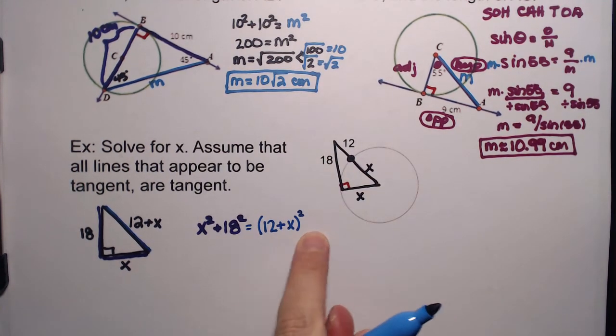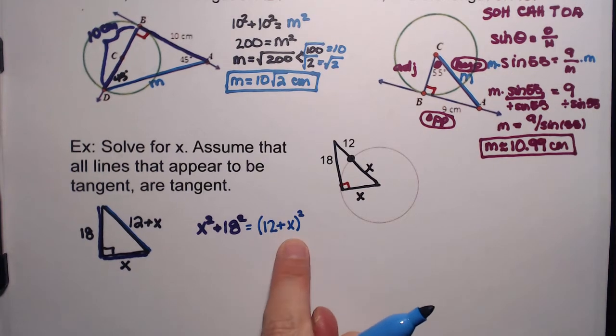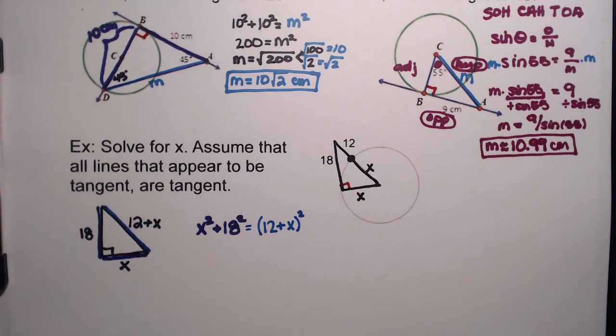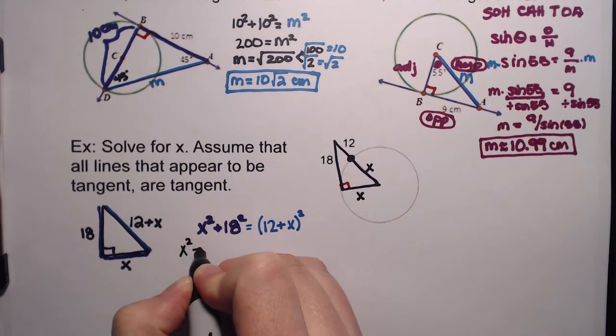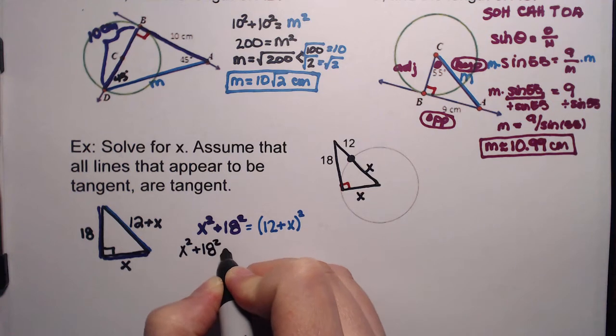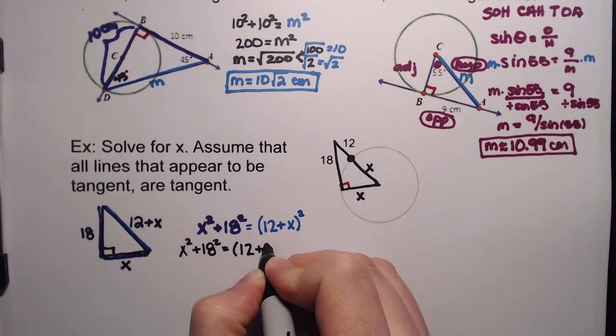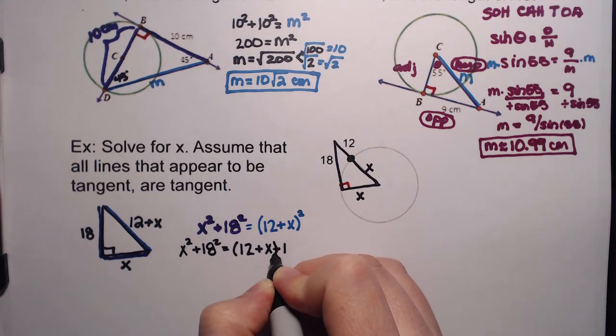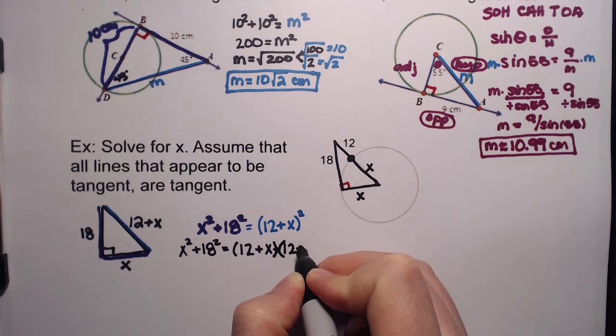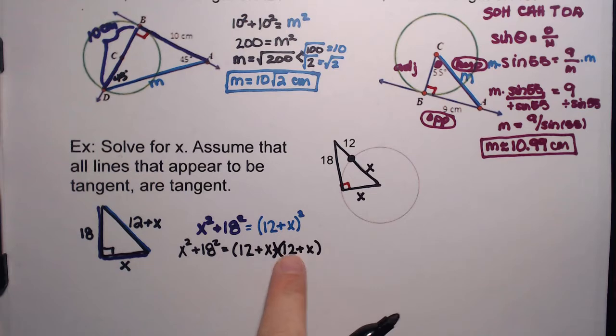It's squaring the entire side, not the individual pieces. So I need to actually write that out. So I'm not doing anything with my x squared plus 18 squared yet. But this one, I get 12 plus x, times 12 plus x. Because I have to multiply them together, that's what the squared is saying.